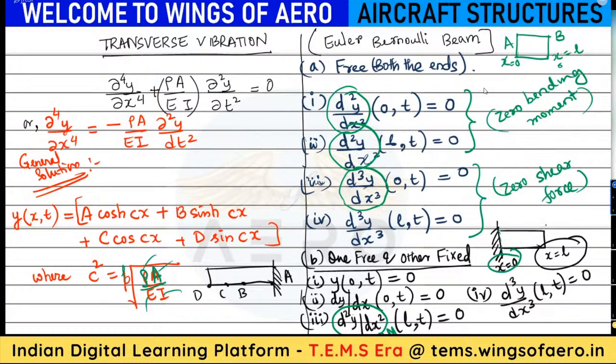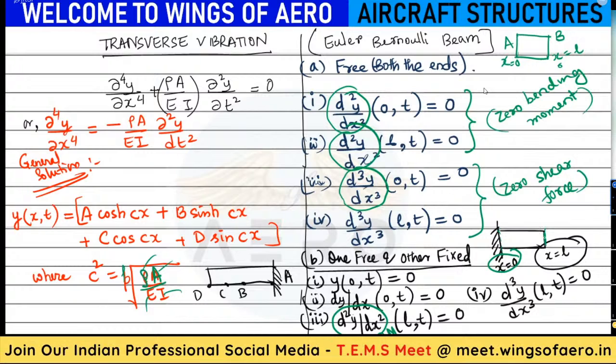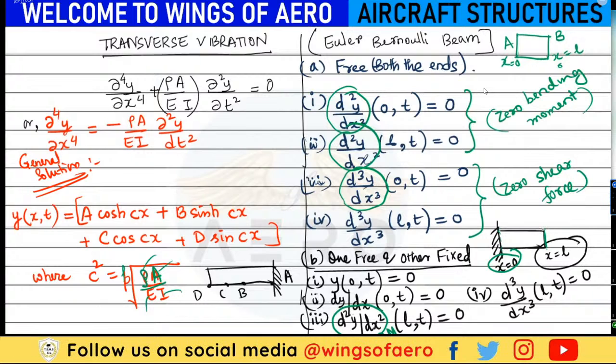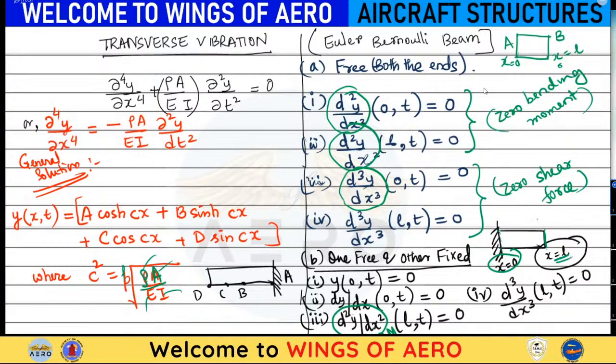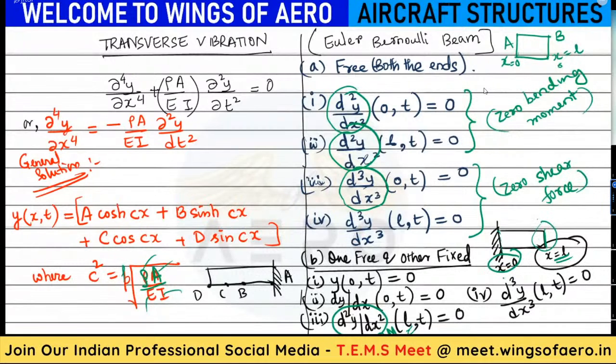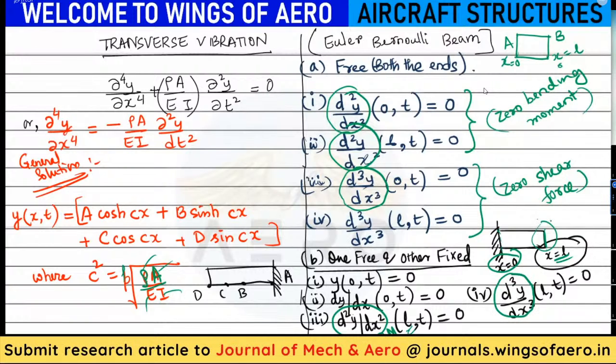So at the free end, when x becomes L, at (L, t), there is no bending moment. Similarly, there is no shear force at this free end, or I can say zero shear force.